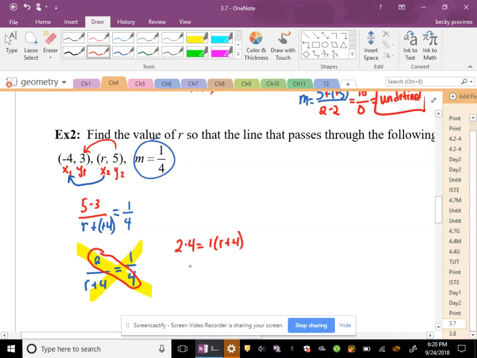So 2 times 4 is 8. And if I distribute the 1, I get r plus 4. Now let's just solve it using basic one-step equations. The r is 4. Okay, so we solved it. We know what r has to be to fit this equation.